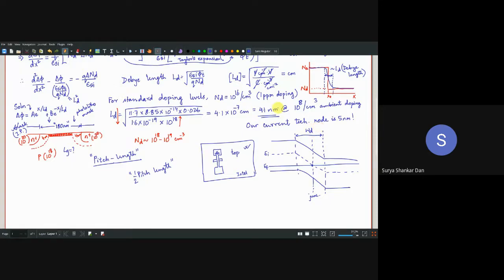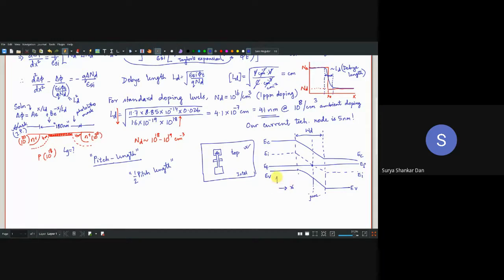And here I have used LD. This is the variation of EC, EV. This is again EF, this is EI, this is EC, this is EV. This is the variation of the potentials along the x direction.